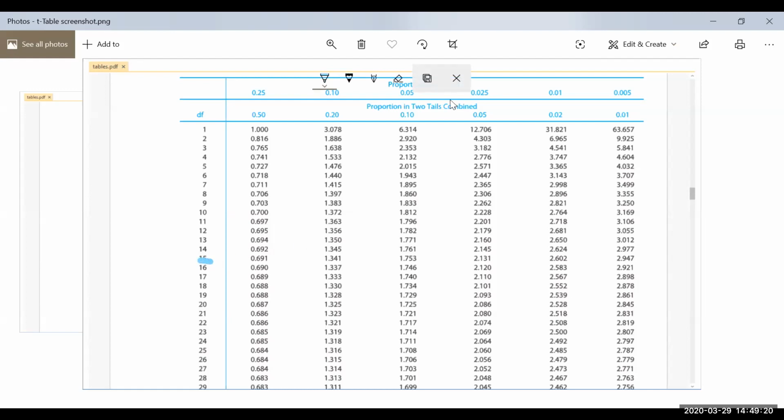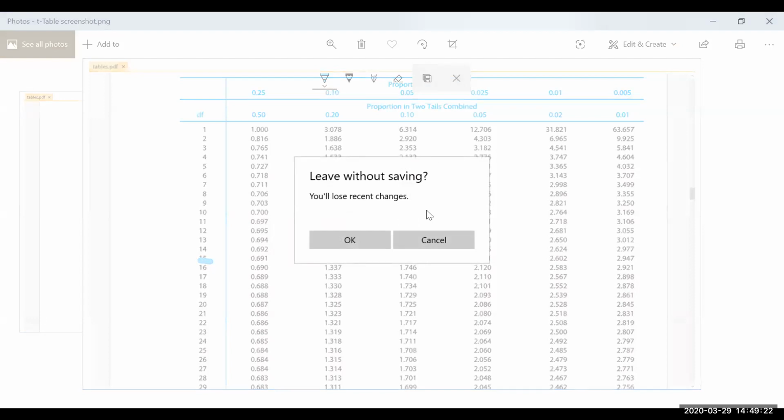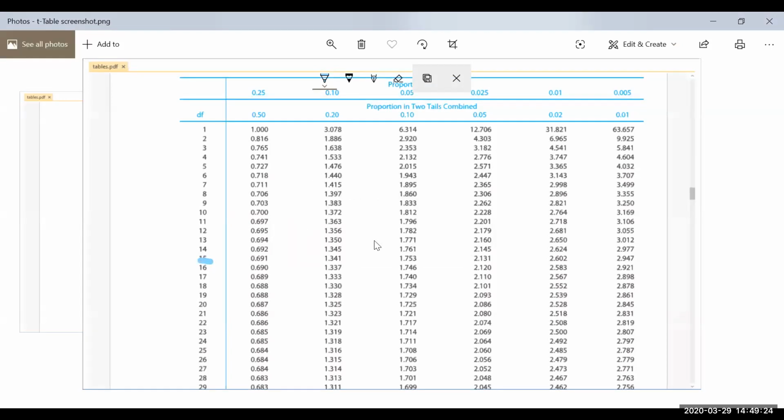And then we're looking in a proportion in one tail. So one tail, and at an alpha of 0.05. So that means we're going to go down here to 15, excuse me, and we're going to find that our critical value is 1.753.